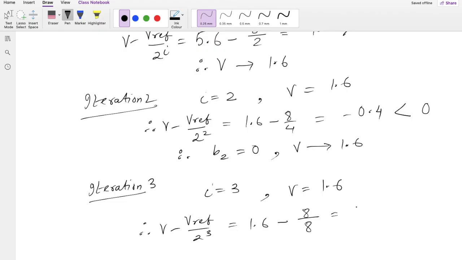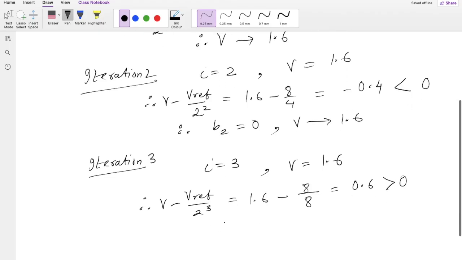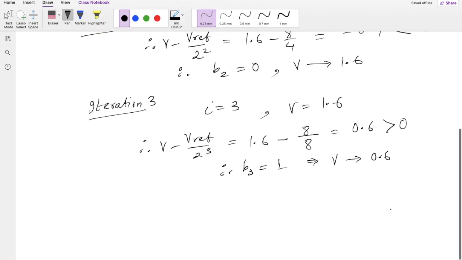This is 0.6, and this is greater than 0. Therefore B3 is equal to 1, which implies V should be updated to 0.6 now, because it's 1.